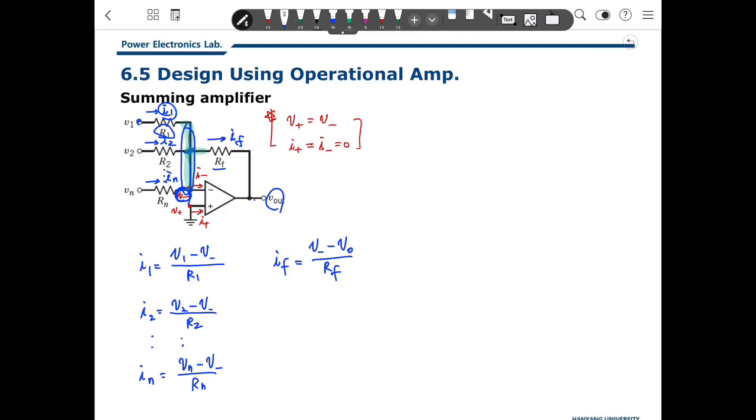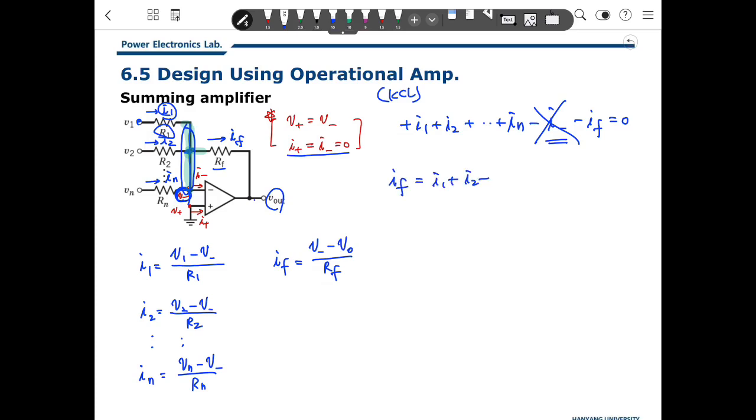Based on this node, plus I1 plus I2 plus IN minus I negative and minus IF will be 0. Well, this is the KCL. So we know that I negative is 0. Therefore, IF is I1 plus I2 plus IN.